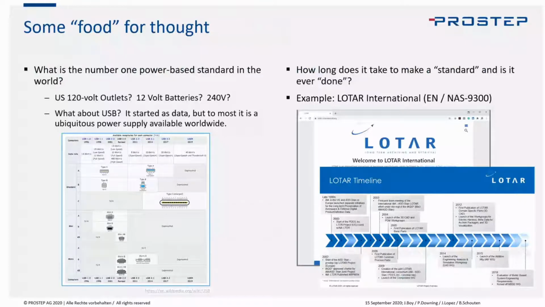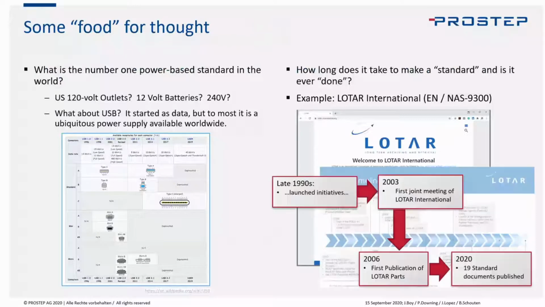And then the project was formed in 2003, and then in 2006 the first LOTAR parts were published. So you have the EN 9300 in Europe and the NAS 9300 in the US. So that was published 14 years ago, really defining the framework of the standard.